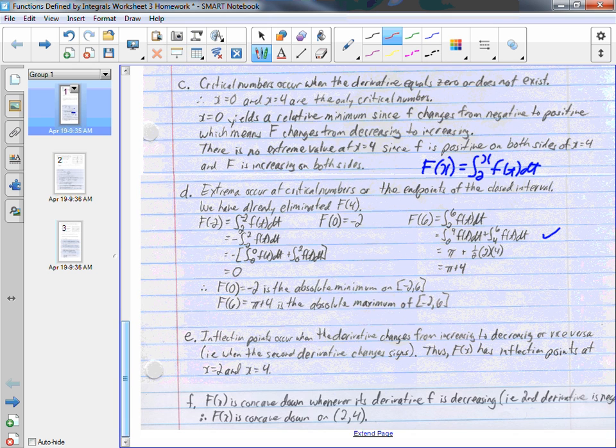So, capital F of X is concave down whenever its derivative is decreasing, which means its second derivative is negative. I doubt they're wanting you to talk about second derivative since they don't give you a second derivative. That's me guessing. Okay? Therefore, capital F of X is concave down on the open interval from 2 to 4.